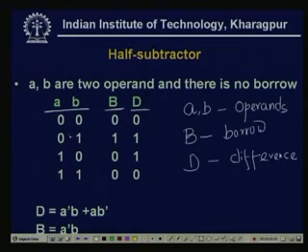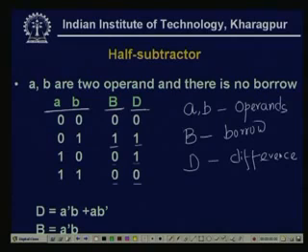Now, 0 0: borrow is 0, difference is 0. 0 1, that is 0 minus 1: this is the situation where borrow is 1, difference is 1. 1 minus 0: difference is 1, borrow 0. 1 minus 1: difference is 0, borrow 0.